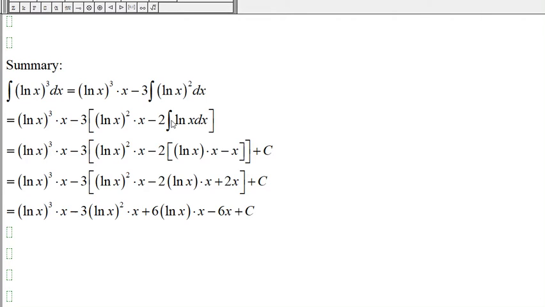And then next, we found the integral of ln x is ln x times x minus x. And then simplify, we end up with ln x to the third times x minus 3 times ln x squared times x plus 6 times ln x times x minus 6x, and this is the answer.